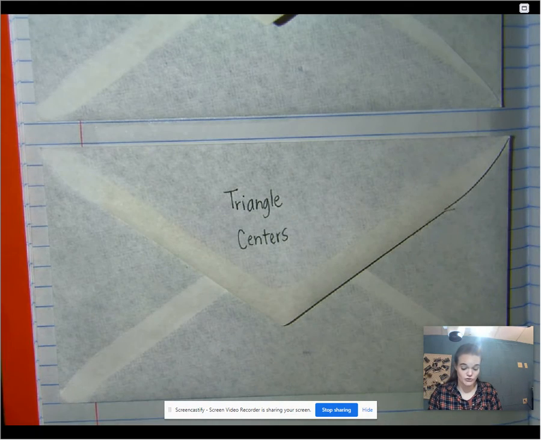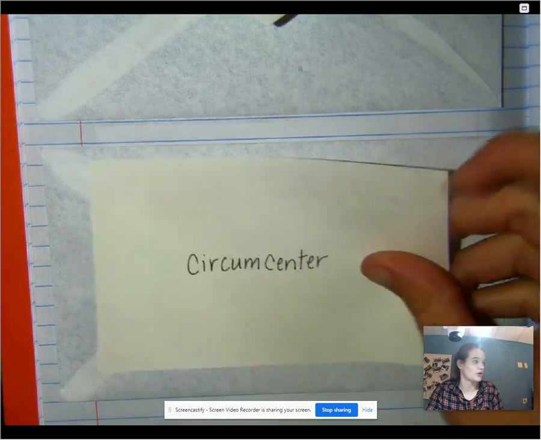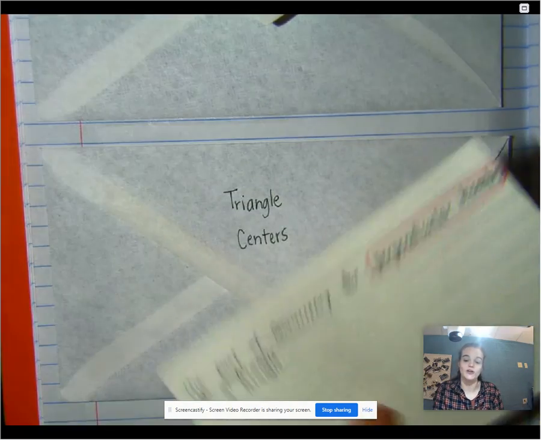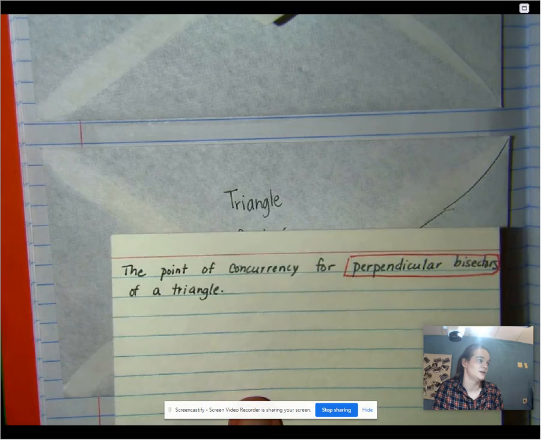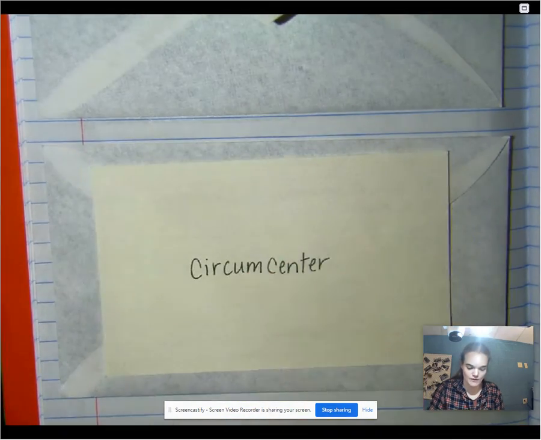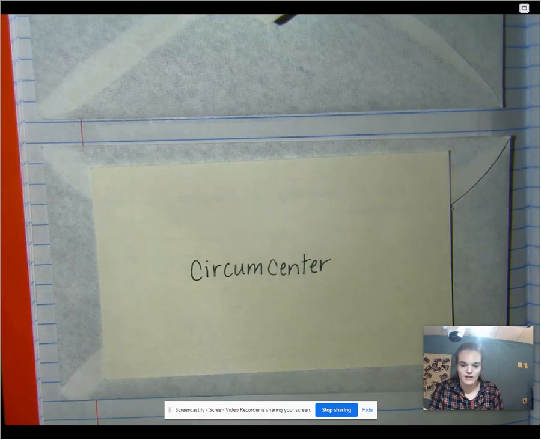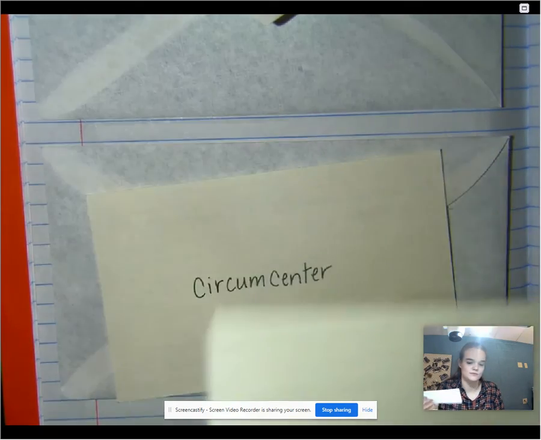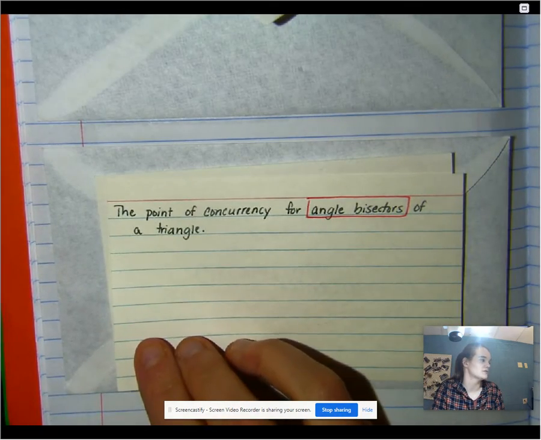In the triangle centers one, you are going to put in the circumcenter. You will define that on the back. Mine is defined. So you don't even have to look it up if you pause the video right there. Then you will put in incenter. There's the definition.